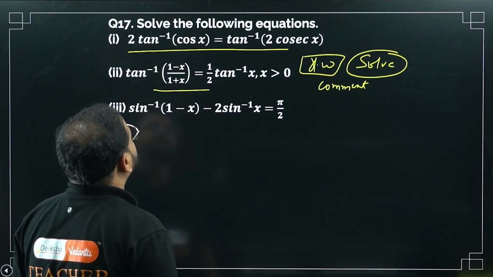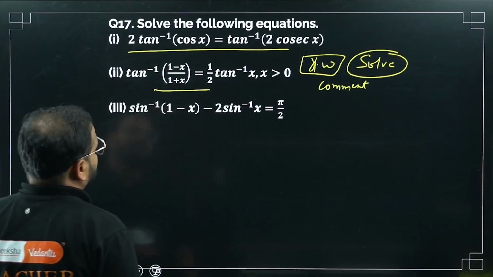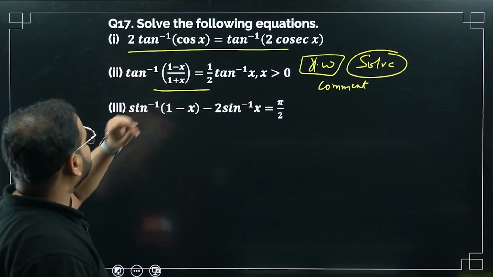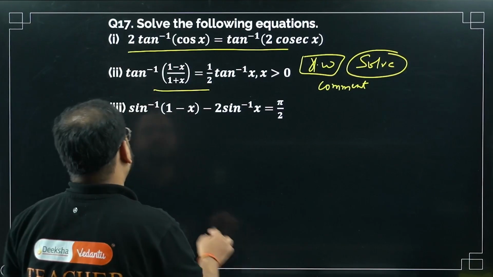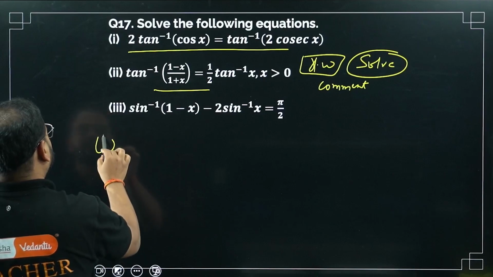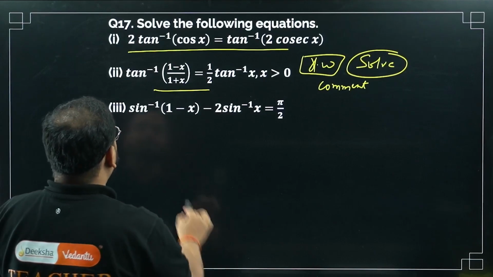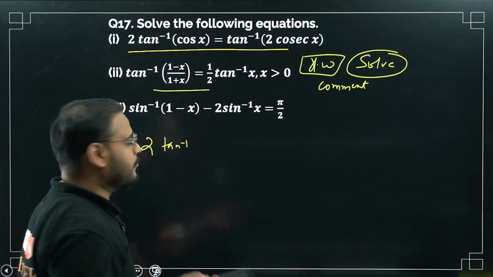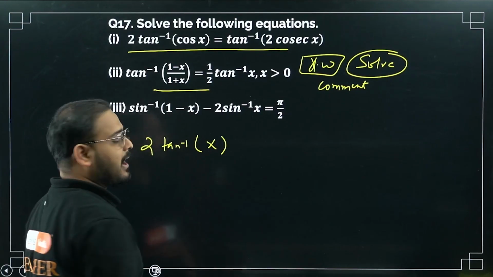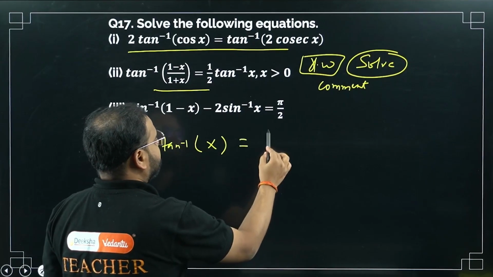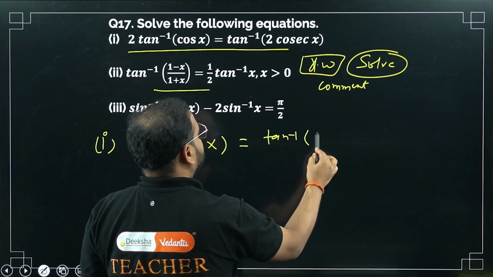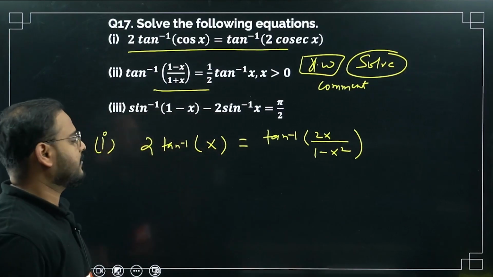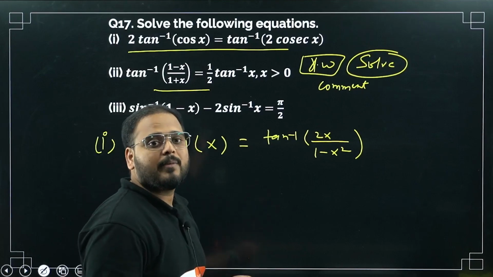All right, fine, let's see. So I'm going to get this as 2 tan inverse of cos x. Excellent question. Before I write that, I'll show you a formula: 2 tan inverse of x is tan inverse of 2x upon 1 minus x square, bacha.